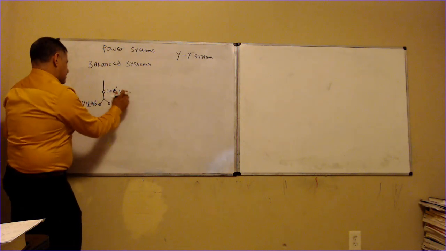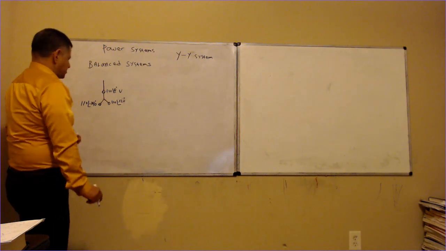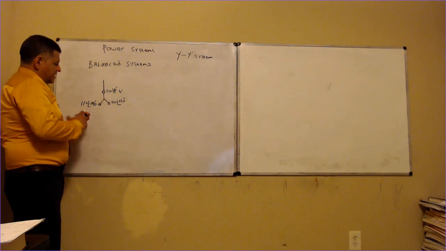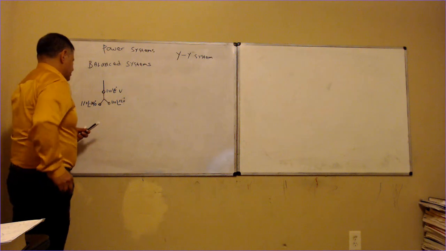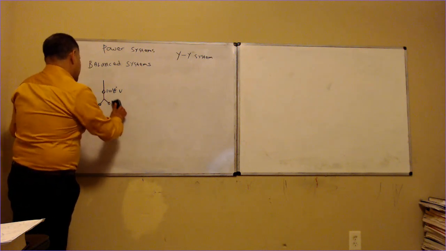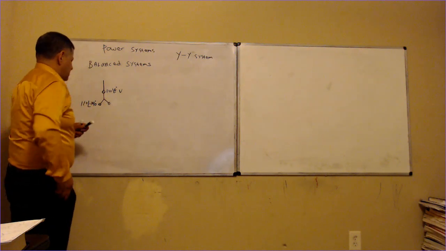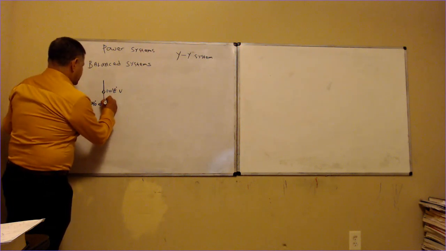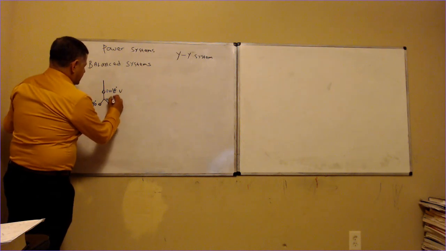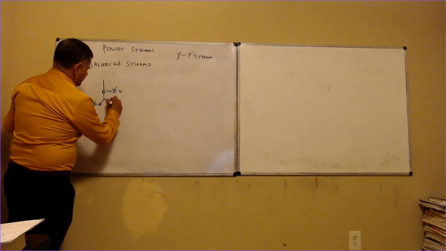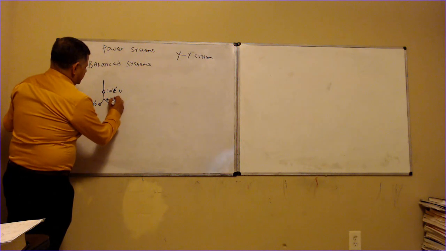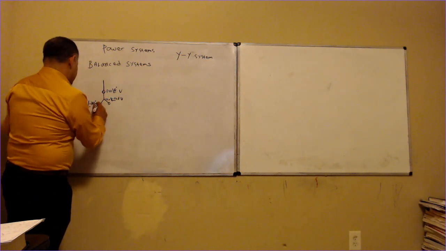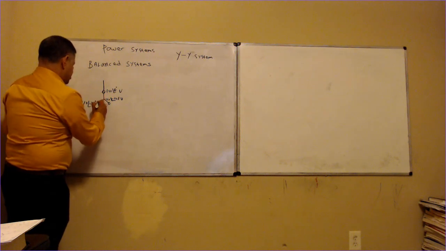Now let me bring that up a little bit because I need a little space right there. So it's 110 volts at negative 120 degrees, and of course this is also volts.